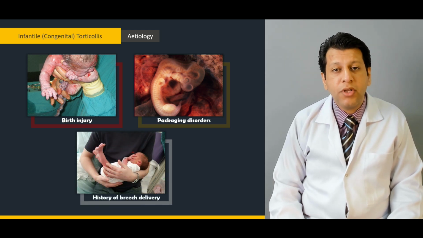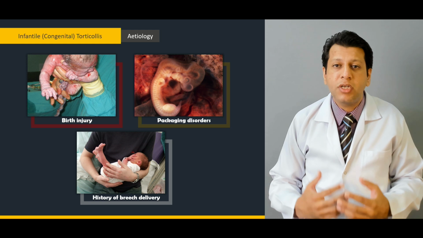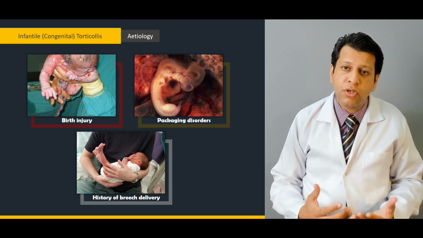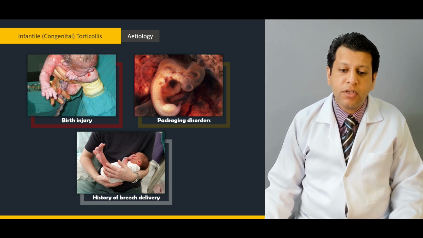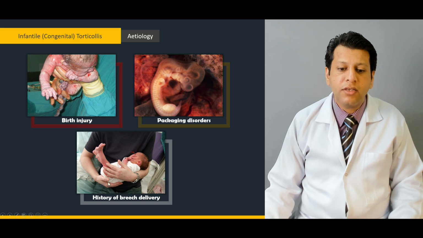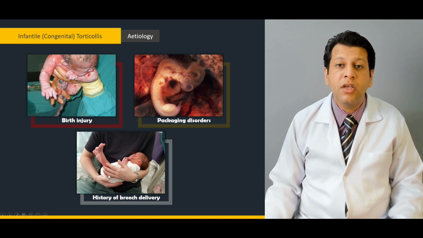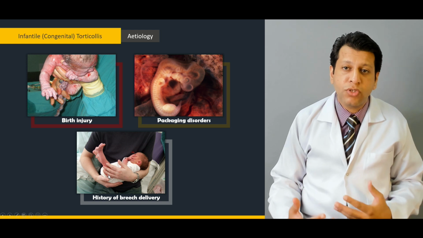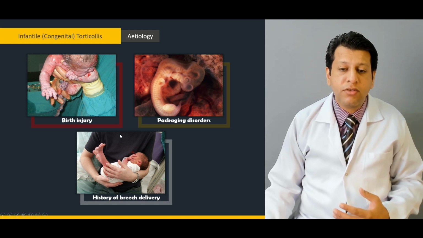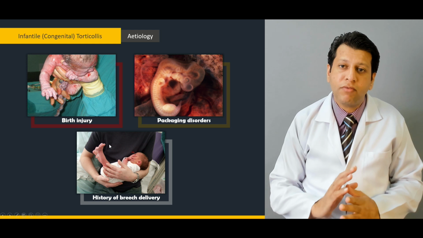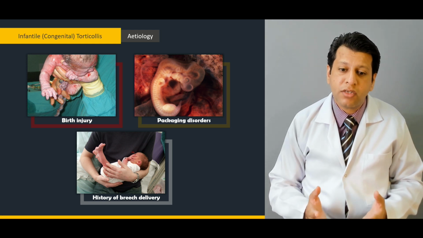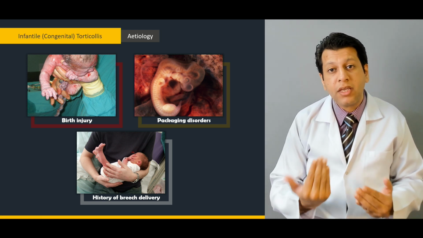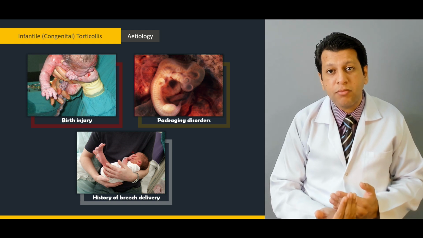Or there may be a history of breech delivery. Now, breech delivery predisposes a child to multiple issues. For example, in breech delivery, if the child is lying like this, the hip is usually resting over the pelvic brim, which can cause DDH. As the feet are resting just below the muscles, there is always a chance of having metatarsal adductus, and the baby's neck is lying quite deep into the body of the mother.